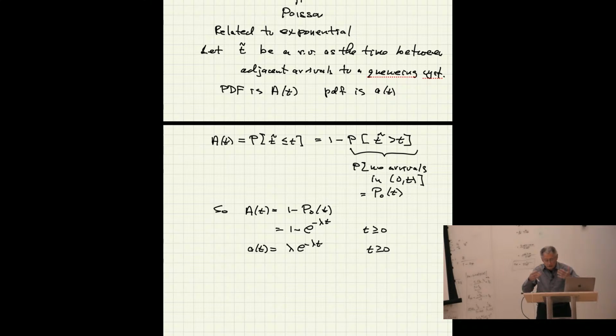If arrivals come in according to a Poisson process, the time between arrivals has a density function which is exponential. So I'm just going to write that, if you will, in words: Poisson arrivals is the same as exponential interarrivals.